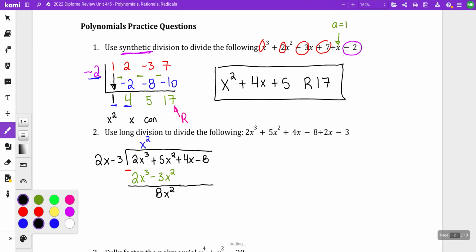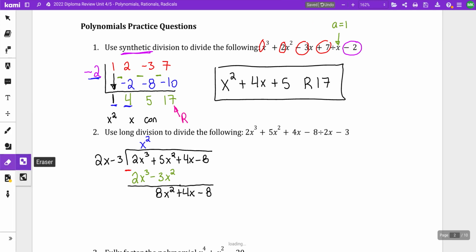Remember, we're subtracting. 4x minus nothing, because there's nothing below it, is still plus 4x. Negative 8 minus nothing is still negative 8. You might remember from way back when people would just draw arrows and say drop those things. It's just because there's nothing to subtract them by. That's why they drop down, because you're subtracting 0.